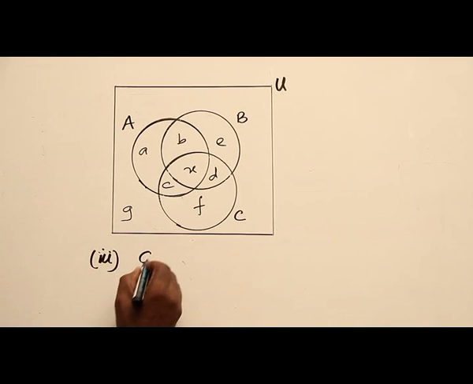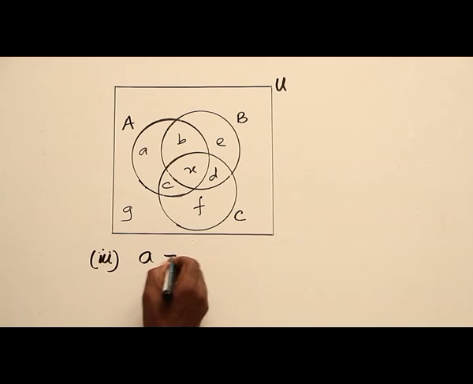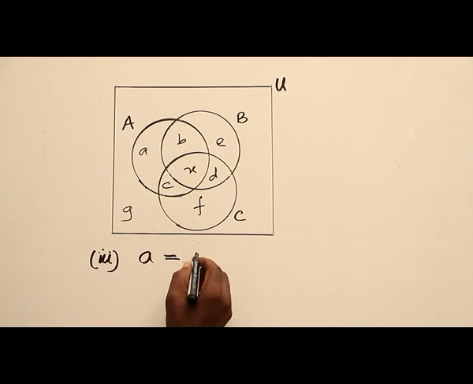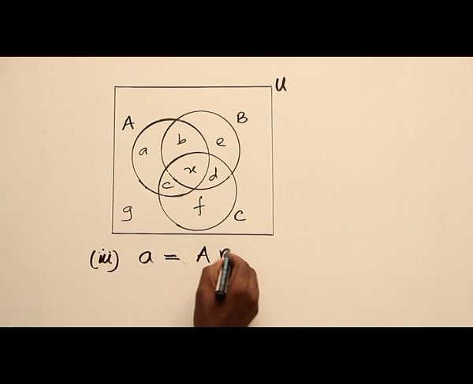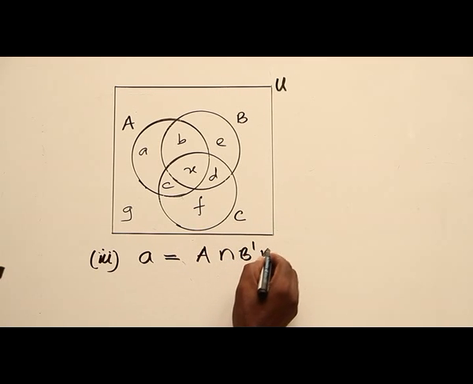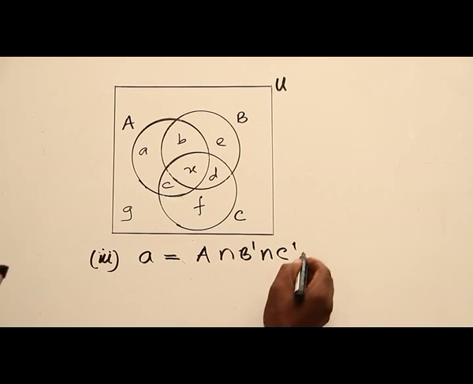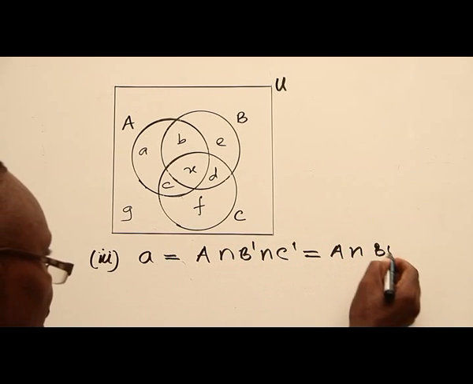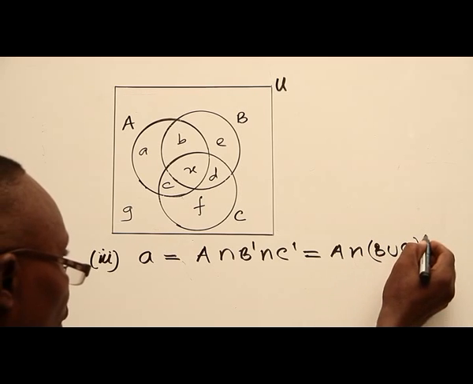Now let's look at the compartment A on its own. This one will be defined by A, the small letter A is in the set A, so A is there, intersection B is not there, and intersection C is not there, which can also be written as A intersection B union C complement.